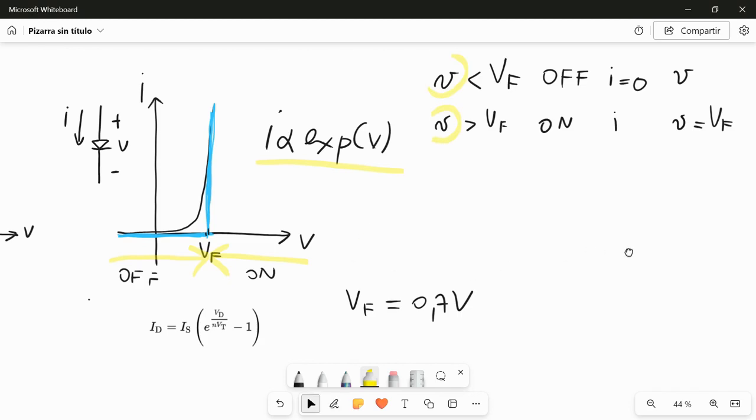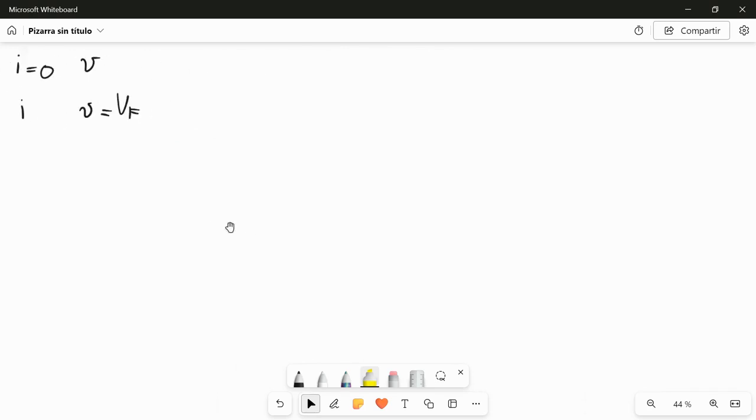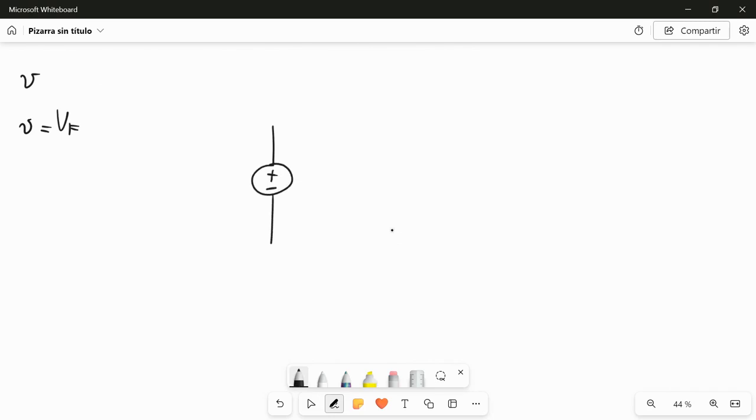So let's look at some real circuit, something like this, in which we have a voltage source, a resistor, and a diode like this. We also have the ground here.